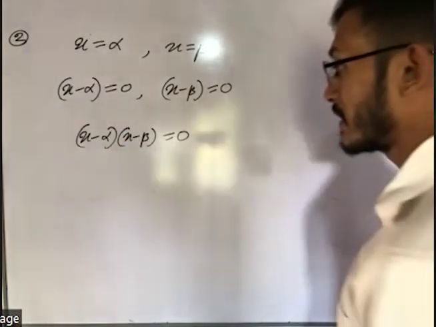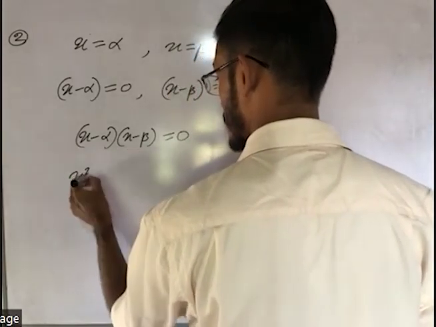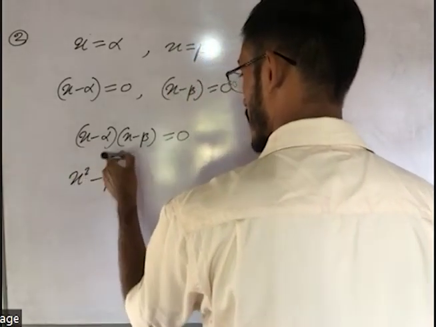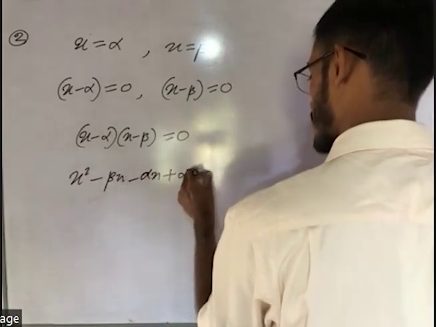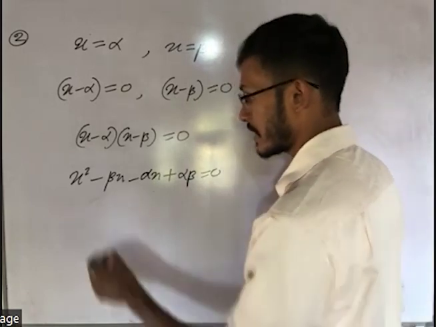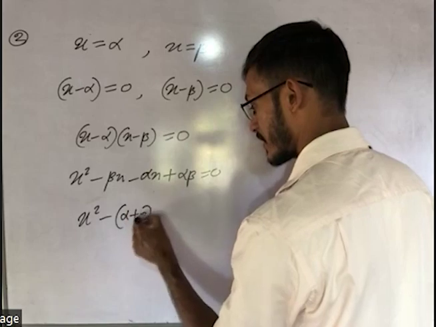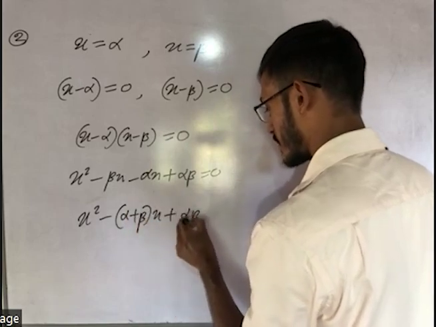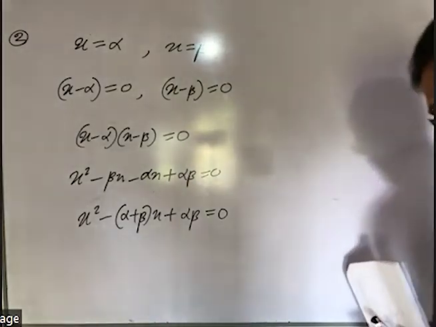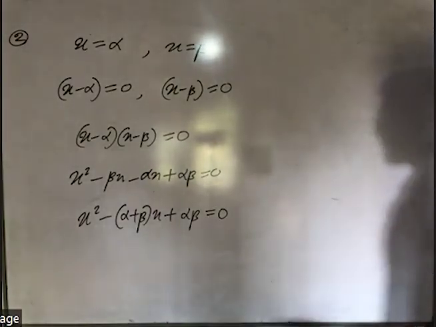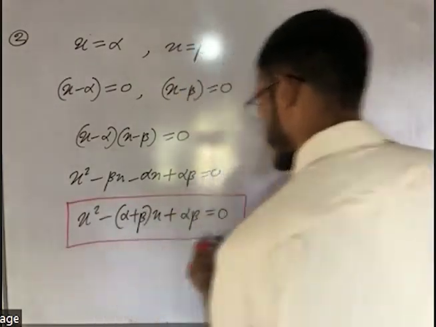Now expand the brackets. Here we have x square, x into minus beta means minus beta x, minus alpha x, plus alpha beta equal to 0. So here we can write x square minus alpha plus beta x plus alpha beta equal to 0. Now, when the roots are alpha comma beta, from that we can find the quadratic equation.